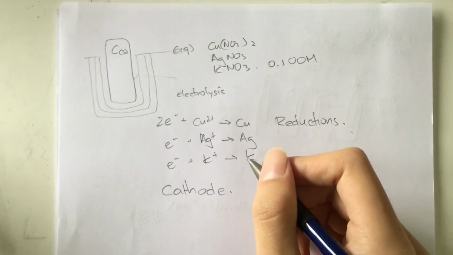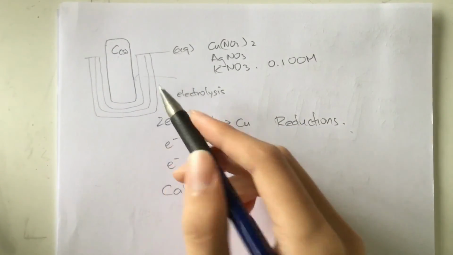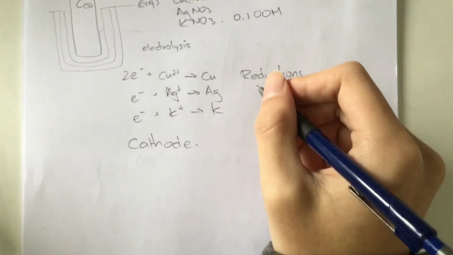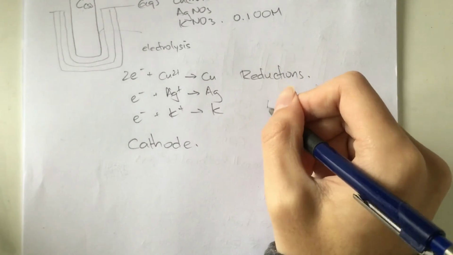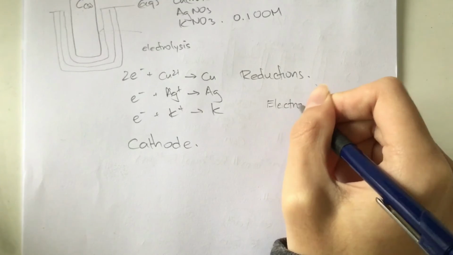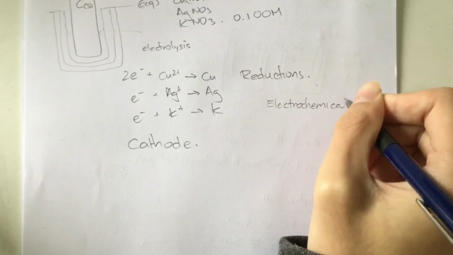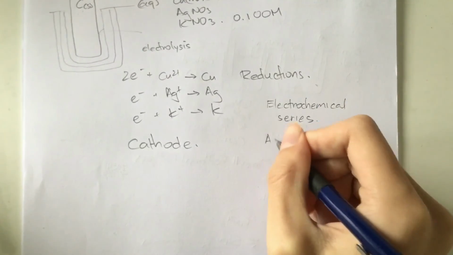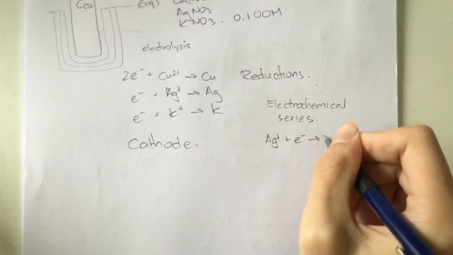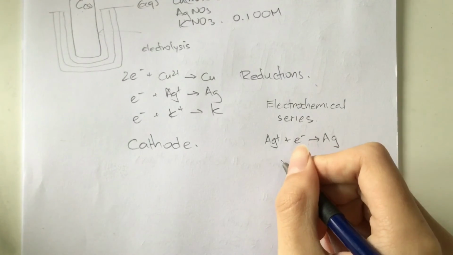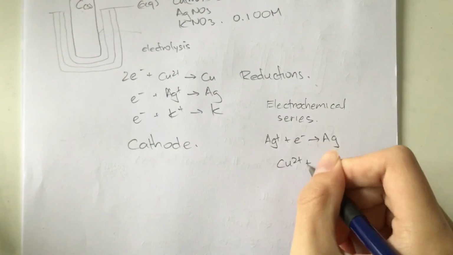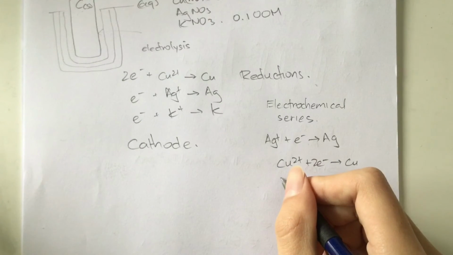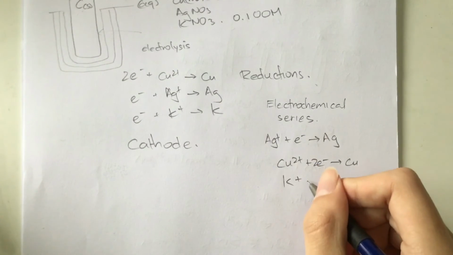Okay. And now the question is, which layer is which? For this question, we will need the electrochemical series. So Ag comes first, and then it's copper, and then it's K, potassium.